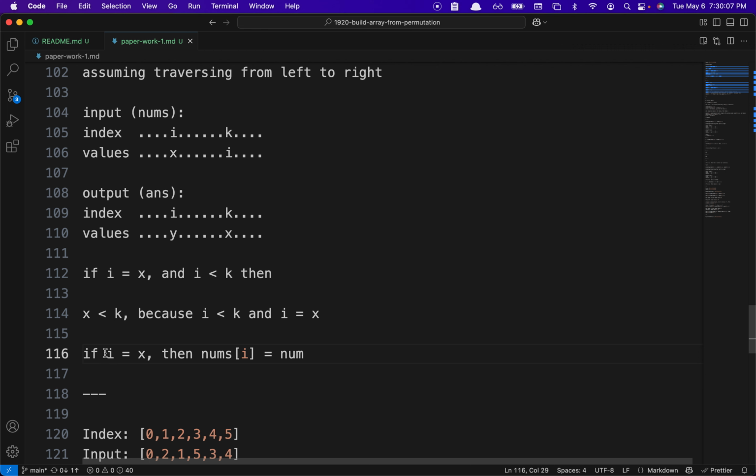And we are saying that is equal to x. Nums of I is equal to... we're saying I equal to x and nums of I is also equal to x. This is also equal. I is x and nums of I is also x.